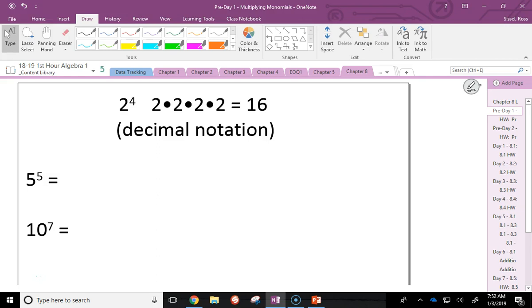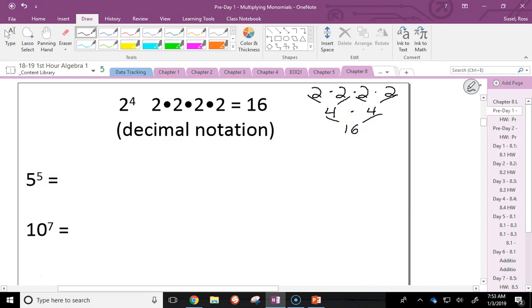Once again, I would show my work just to make sure I don't make minimal mistakes, especially when it's kind of easy multiplication. I make sure I show how I filter. This is 4. I have these over here. I can filter those down to 4. And 4 times 4 was 16.